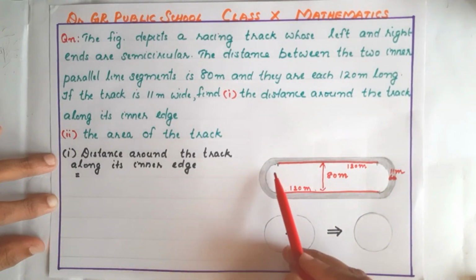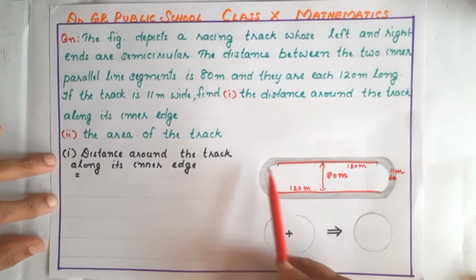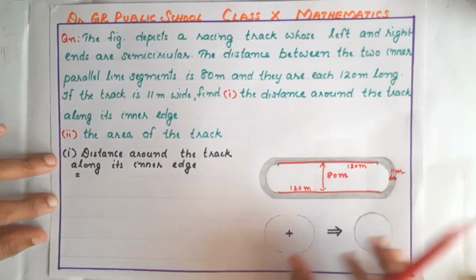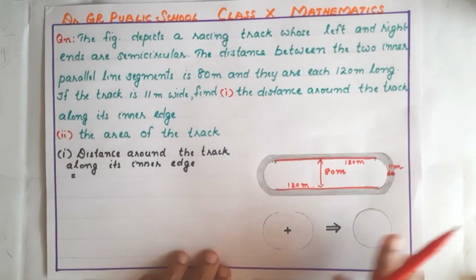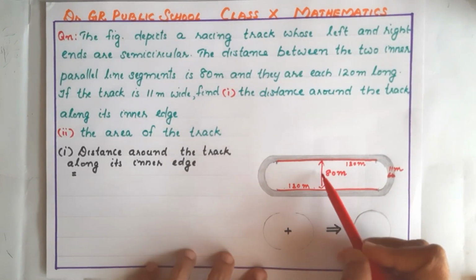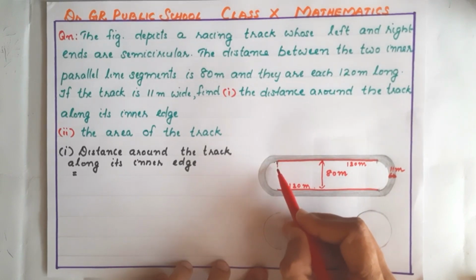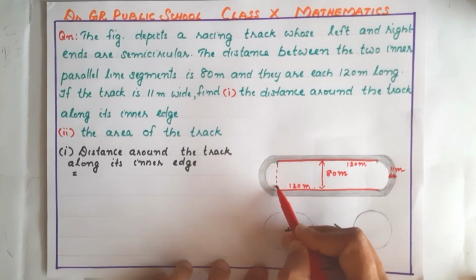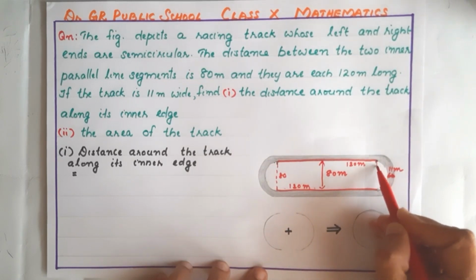Okay, when we join these two semicircles, see here the radii are the same, isn't it? The radius of the semicircles are the same. How can you understand that? See, this is 80 meter. So here also it is 80, isn't it? 80 and here also 80.